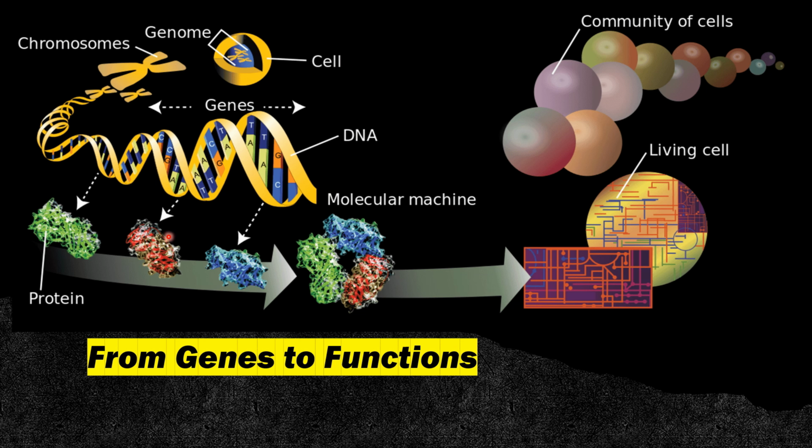Proteins are the building blocks of cellular function and interact with one another, forming intricate molecular complexes. Through these interactions, proteins participate in complex metabolic processes which play a vital role in determining the identity and characteristics of the cell.